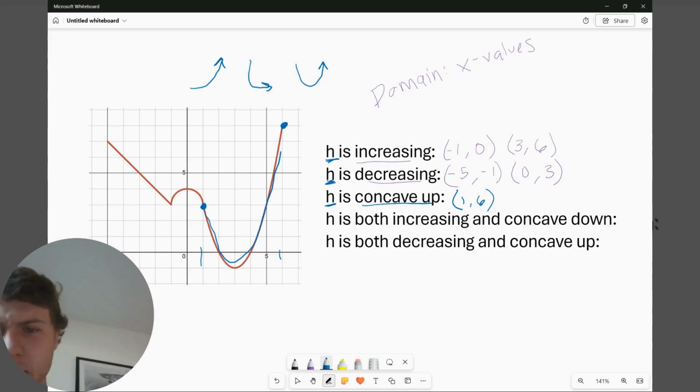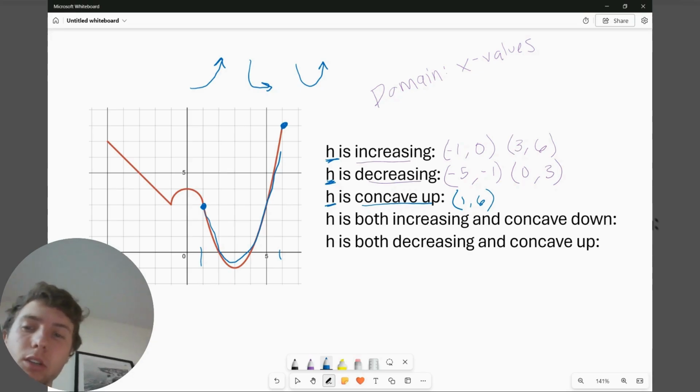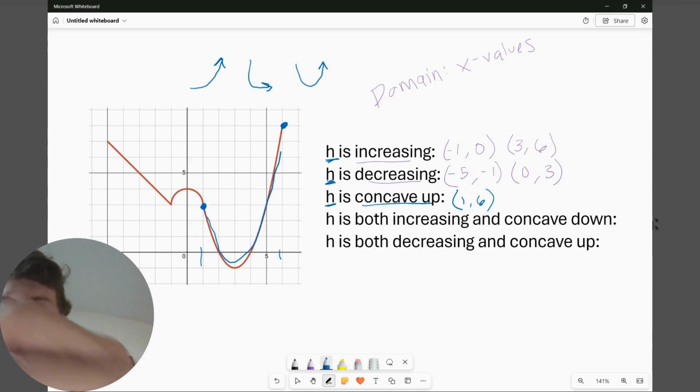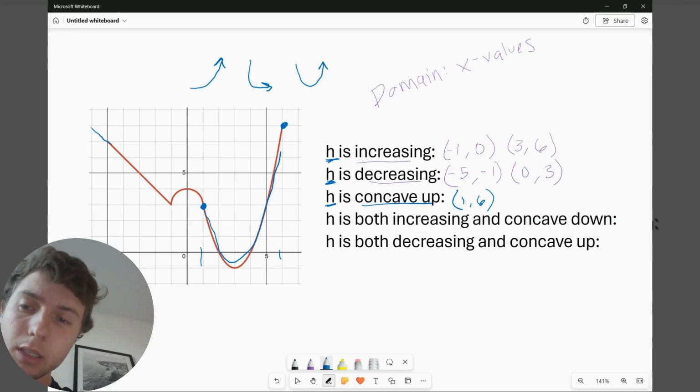Some of you might say, well, this looks like it could be concave up right here. And it has that little V section. Maybe that's concave up. Well, we said concavity is defined by the change in rate of change, right? It's either increasing or decreasing rate of change. Well, if you were to draw those lines like we did on the parabolas, what you would notice is the first line just stays on there, right?